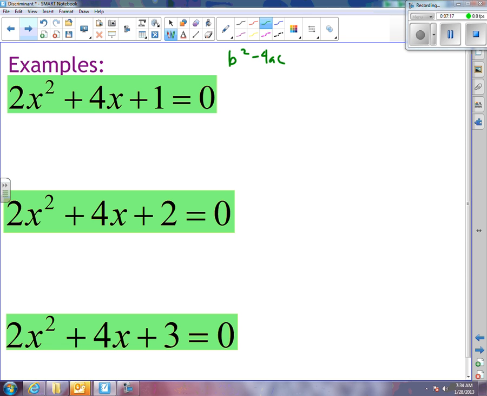So here, b squared will be 16 minus 4 times a times c. So 16 minus 8 is 8. Now this is a positive number, so we know that it will have two real solutions. Let's determine whether they're rational or irrational. Because 8 is not a perfect square, this means that we will have two real irrational solutions.